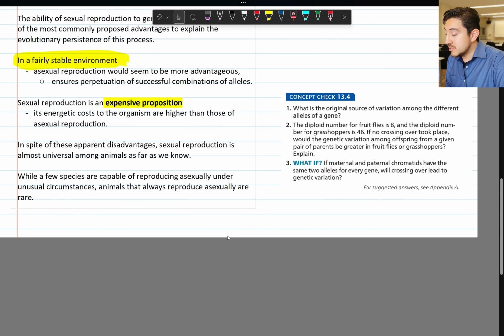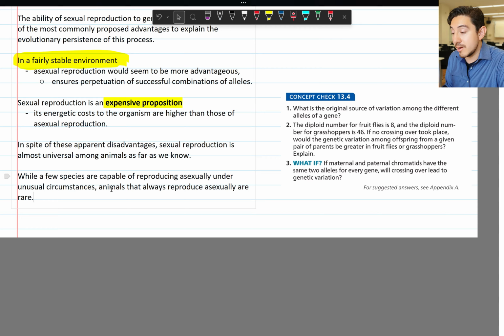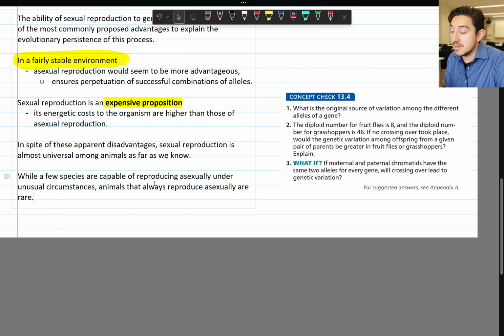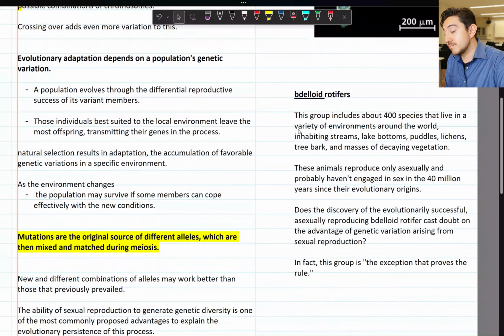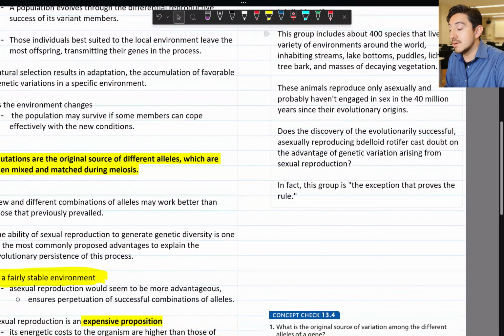So while a few species are capable of reproducing asexually under unusual circumstances, animals that always reproduce asexually are actually rare. One example of this is the bdelloid rotifers, and this is a group of species that has lived in a variety of environments around the world, and they reproduce only asexually.